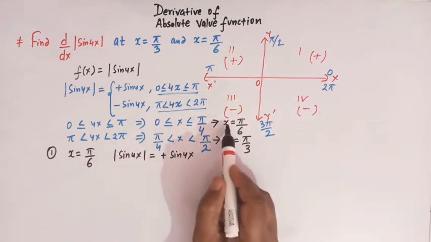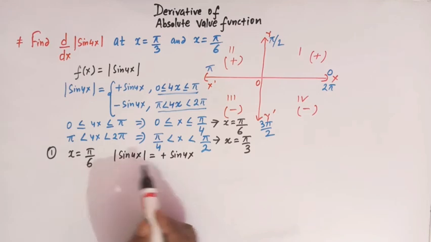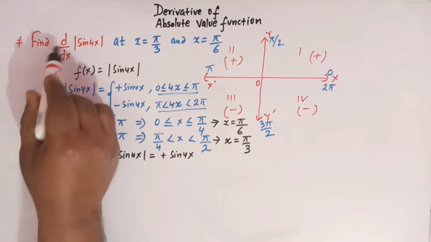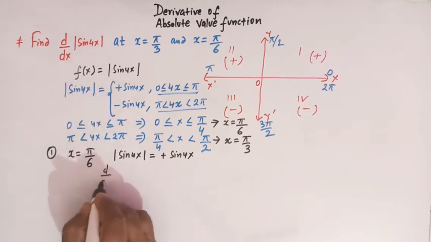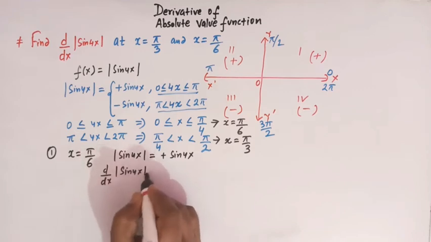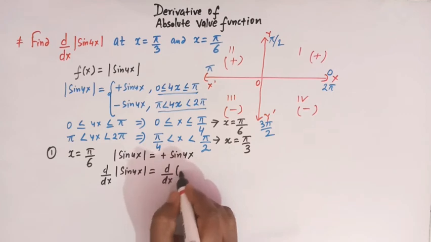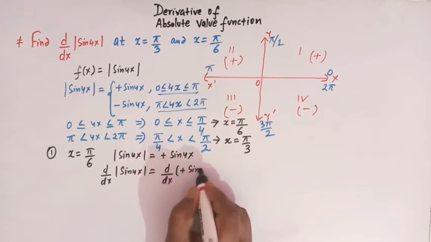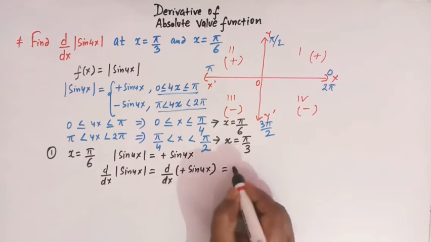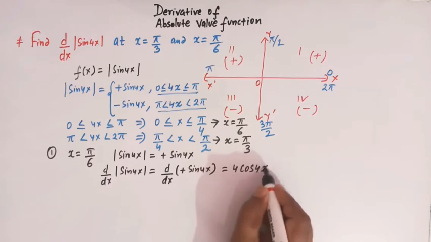So now the derivative of mod sin 4x can be written as d by dx of plus sin 4x.